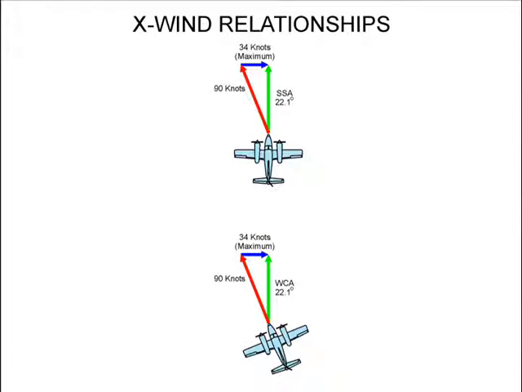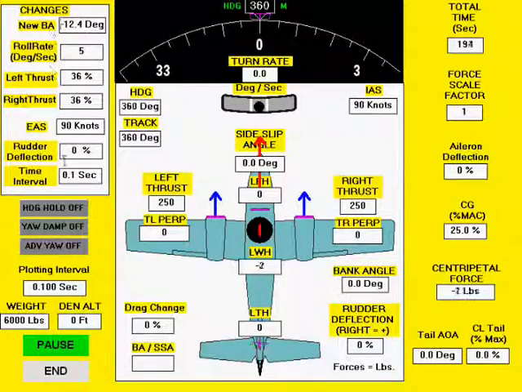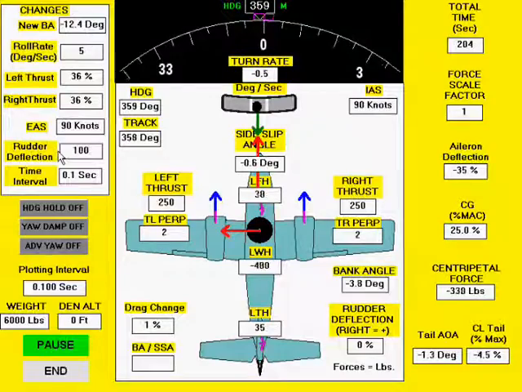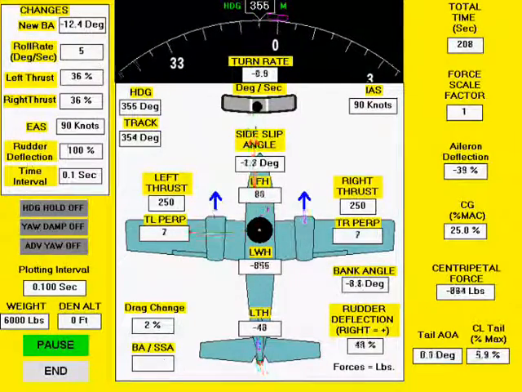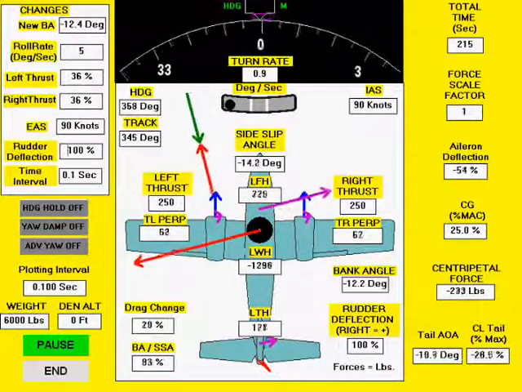Now, let's look at a 34-knot crosswind. We will see that this is the maximum crosswind that this airplane can handle with a slip. Selecting a 12.4 degree bank angle and maximum rudder deflection, 100%, we see the side slip angle stabilize at 22.1 degrees.